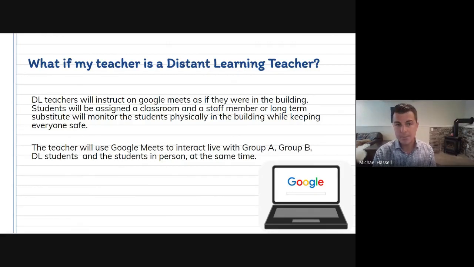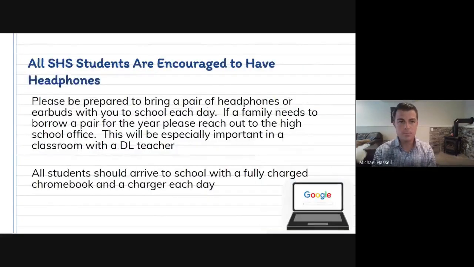There will be a staff member or a substitute in that classroom, and they'll be helping with crowd control and safety, and they'll be that liaison between the classroom teacher and the students. So there are a number of teachers who will be teaching at home. They are available during the school day. They will be there live, virtually, and they're available for any questions from students and parents as well.